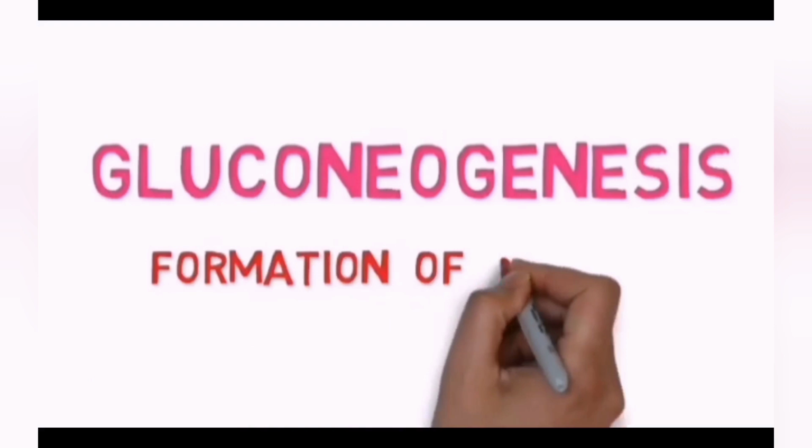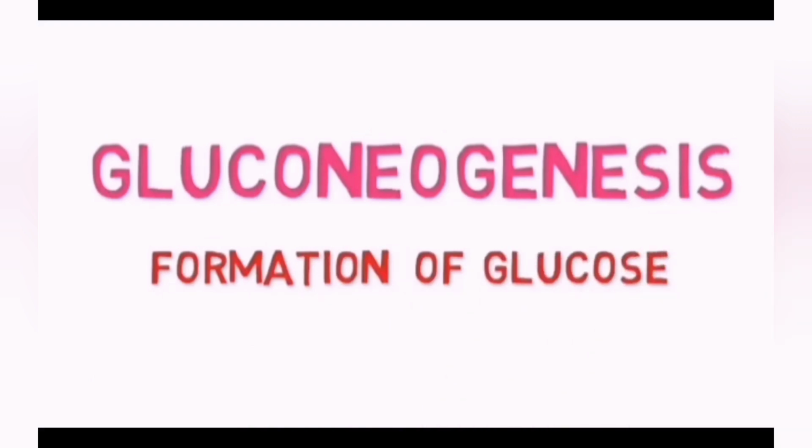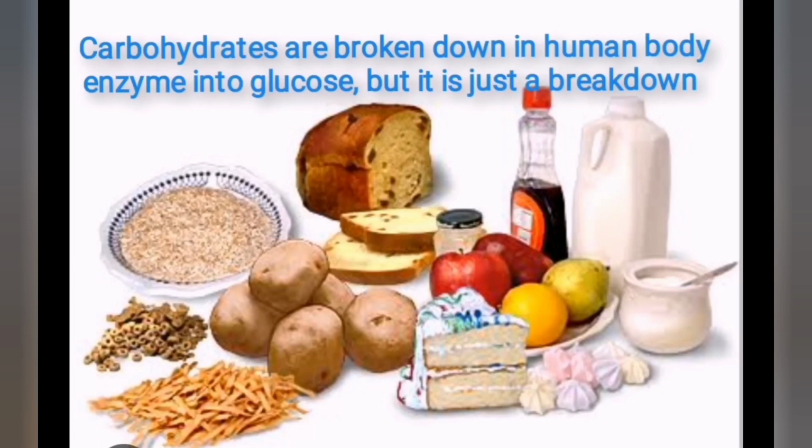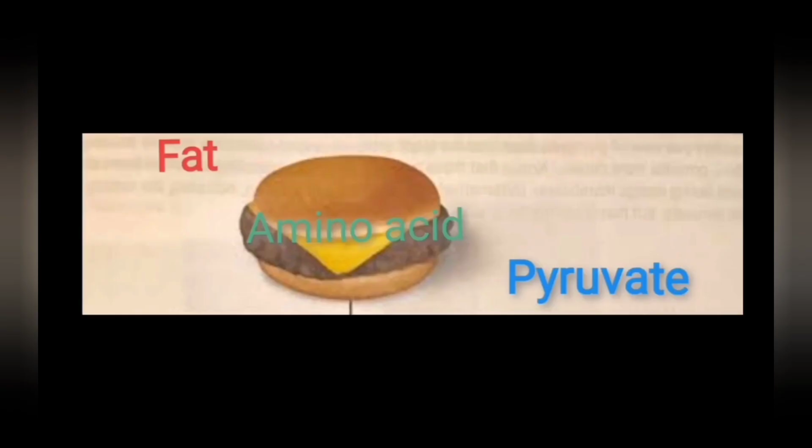Gluconeogenesis is the formation of glucose from non-carbohydrate sources. Carbohydrates are broken down in the human body by enzymes into glucose, but it is just a breakdown. In special circumstances, substances like fat, amino acids, and pyruvate are converted into glucose. That is the production of glucose from new sources.